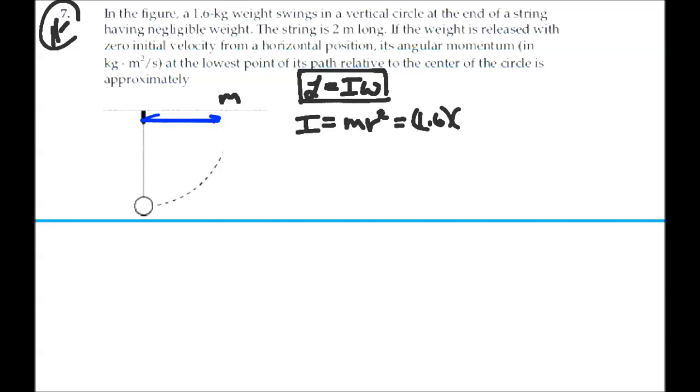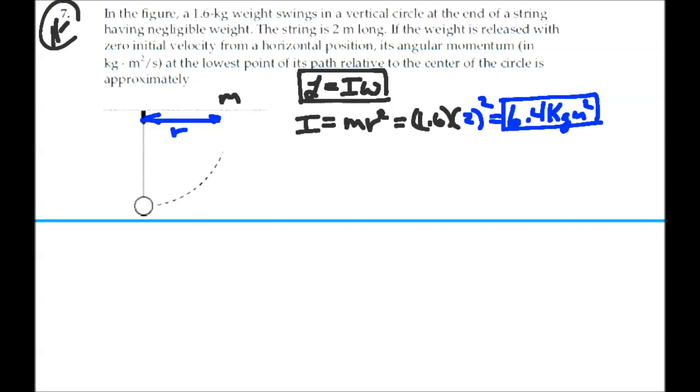This is going to be our radius in this case, and so that is 2 meters long squared. So this is going to be equal to 4 times 1.6, or 6.4 kilogram meters squared. So that's our moment of inertia for this mass about the center of the circle.